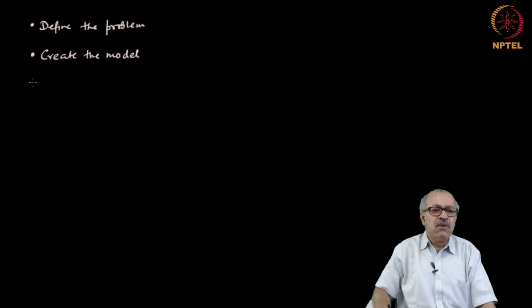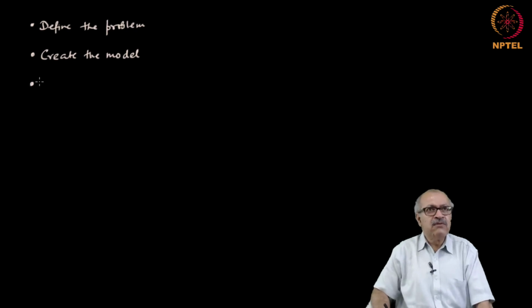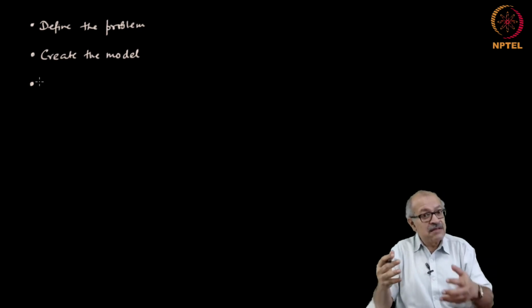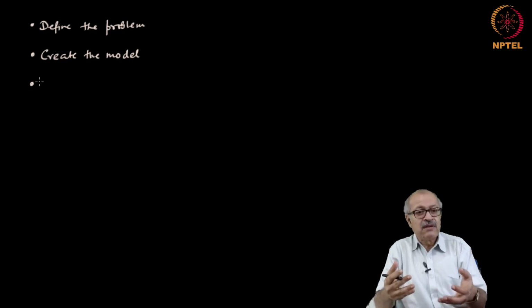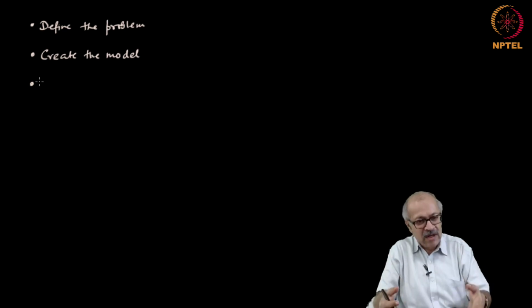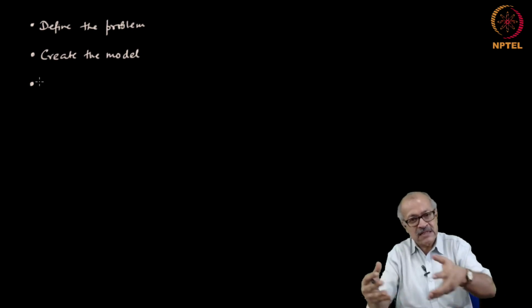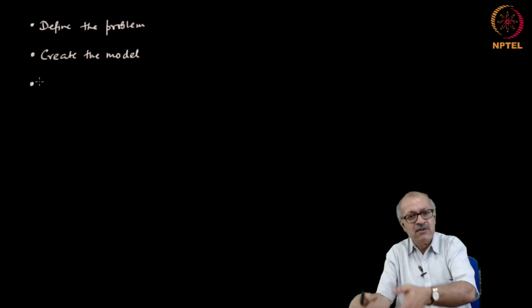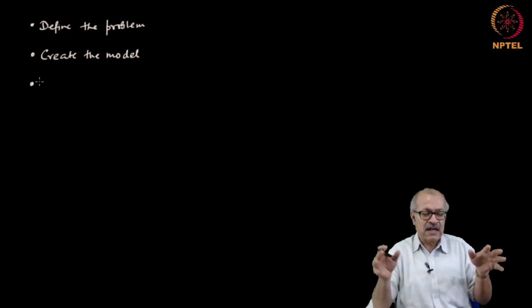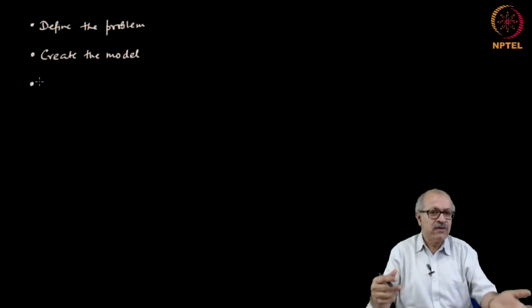After we have created the model, then we have to figure out whether the model is correct or not. And in this case, the model itself will take the place of whatever we have talked about regarding hypothesis. That means, the model will have some experimentally testable prediction that will need to be tested, and on that basis we have to figure out whether we are satisfied with the model or we have to improve the model.